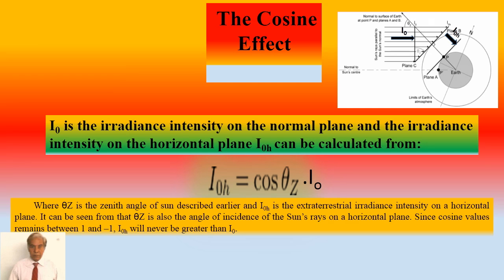It can be seen that theta z is also the angle of incidence of sun rays on the horizontal plane. Since the cosine value remains between 1 and -1, I0h will never be greater than I0.